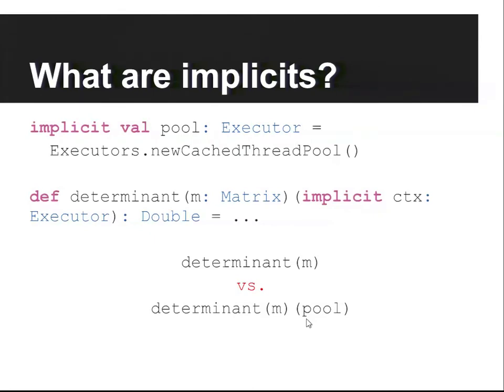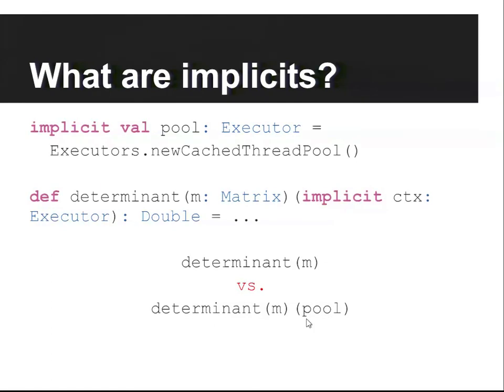It's an implicit parameter. So then, inside of whatever thing is calculating, I can define an implicit executor pool that is safe to run the calculation on. And now I can start calling all the methods in this library, and the context through which they are being executed, this pool, is implicitly passed.